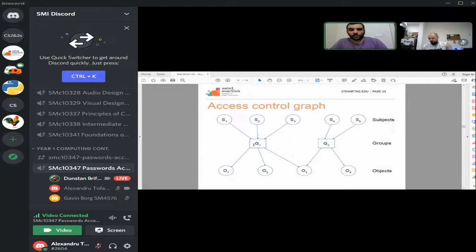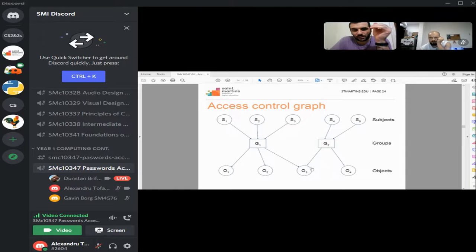Now this is how the graph looks. This is our access control graph, right? On the top we've got the subjects, right? In the middle we've got the groups, and then at the bottom you've got the objects.